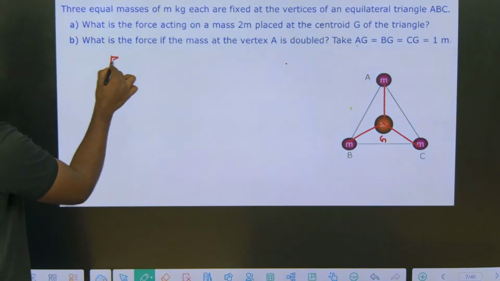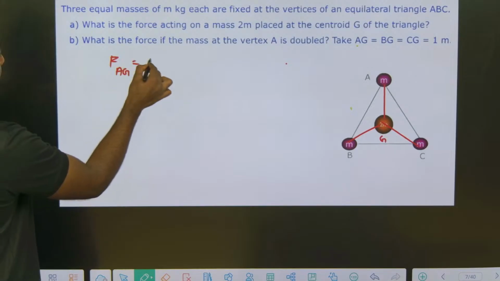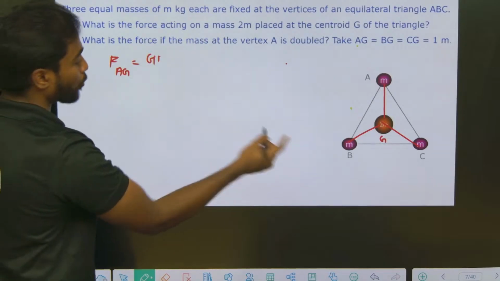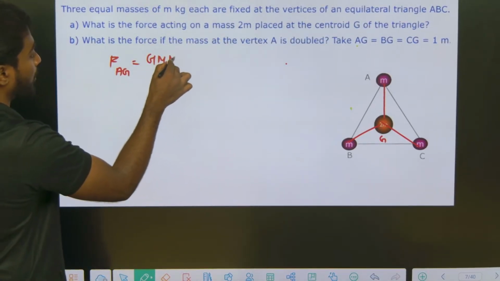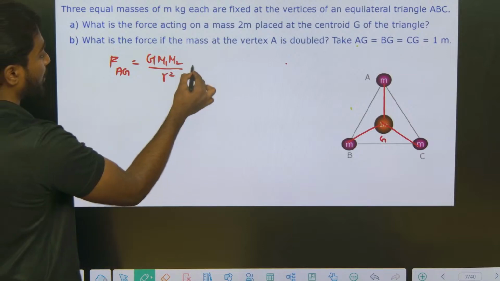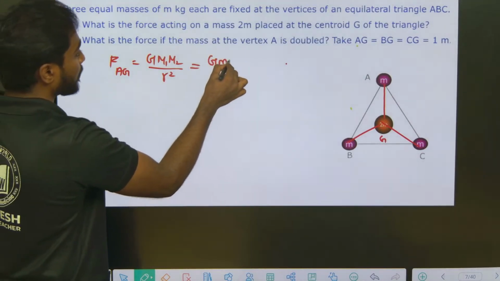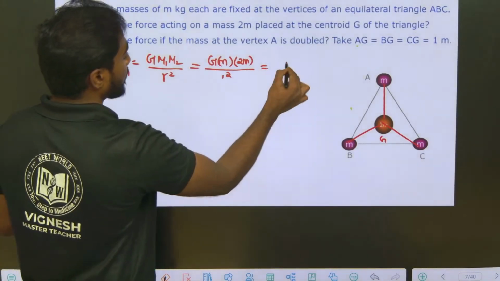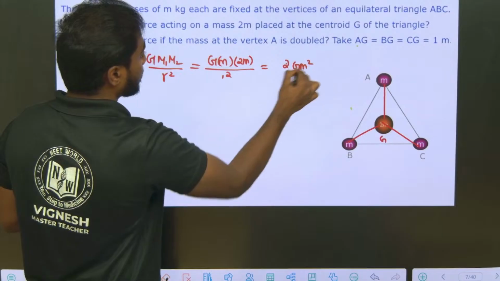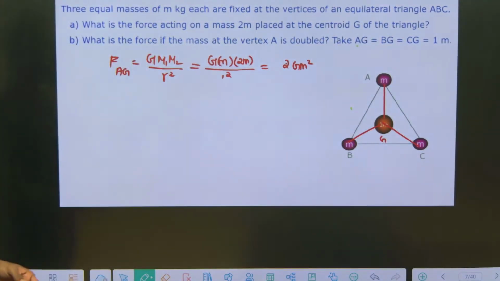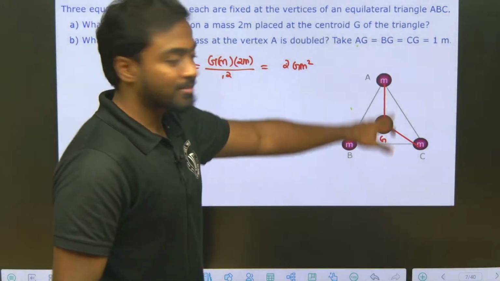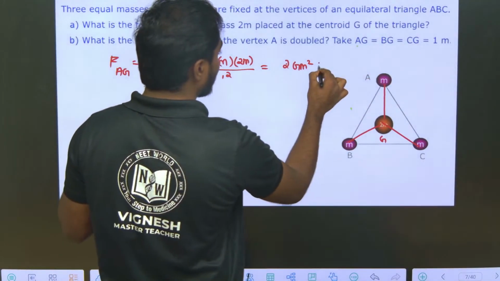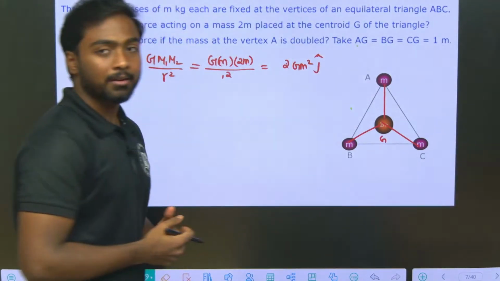So the force of AG will be equal to G m1 m2 by r square, where m1 is m and m2 is 2m, which equals G m into 2m divided by 1 square, which gives 2Gm square. Is this in the Y axis? Yes, and this is the positive y axis, so let me write this as j cap.